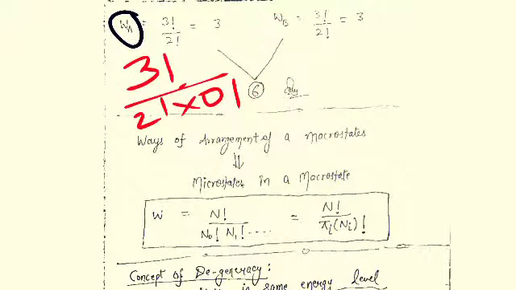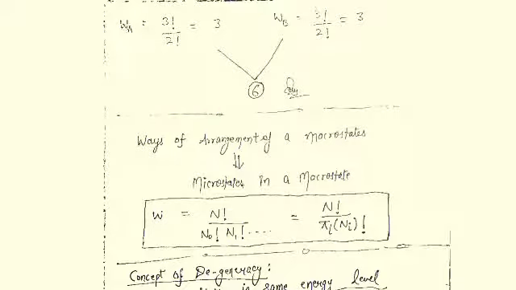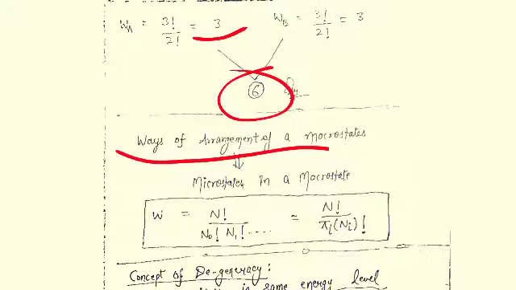So 3 microstates in macrostate A as well as 3 microstates in macrostate B. After summation of both of them, we got the answer 6, meaning a total of 6 microstates are possible for this system. Here we have also made a generalized expression for it, written here as the ways of arrangement of a macrostate.